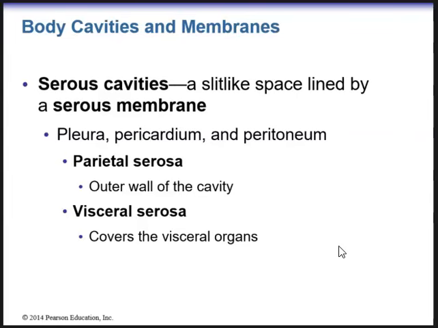Okay, so imagine a balloon. You have a balloon, and imagine making a fist and punching that balloon, or putting your fist within that balloon. As you are putting your fist in, the balloon will kind of surround your fist. Now, the layer of the balloon that is actually touching your fist is known as the visceral layer.